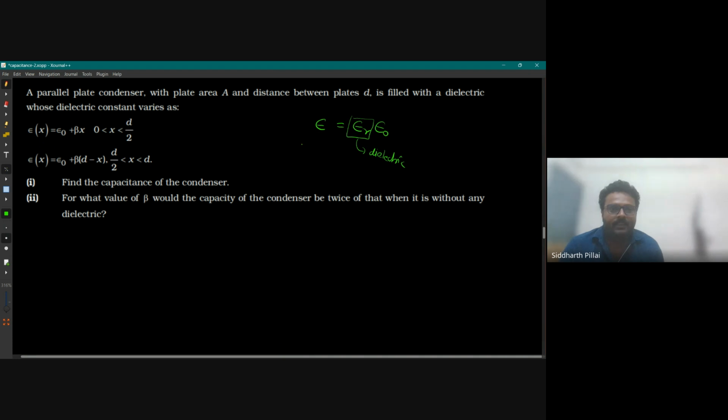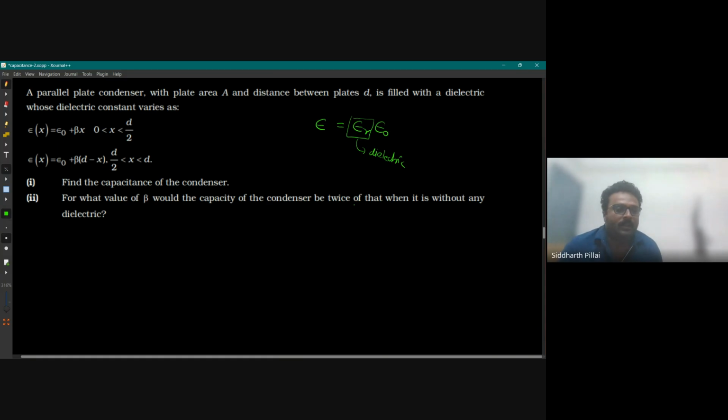Here that is not the case. Here they have given permittivity as the vacuum permittivity plus some constant times x. There might be some confusion, and your answer may vary due to a constant. So let's not write this as the dielectric constant, but as a permittivity itself.